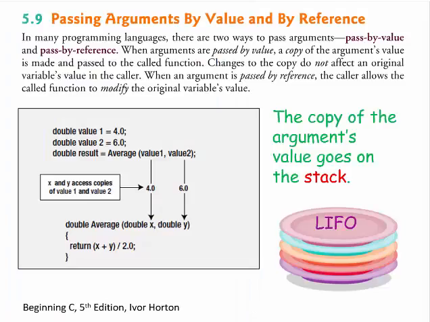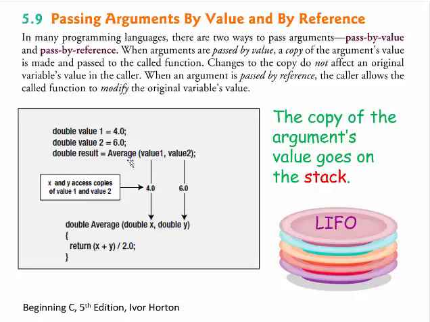So let's look a little bit more at what happens when we call a function. I have an example right here. Value 1 is 4, value 2 is 6, and I call a function called average, and the result of average gets stored in a variable called result.